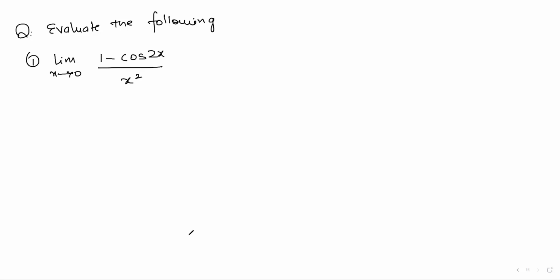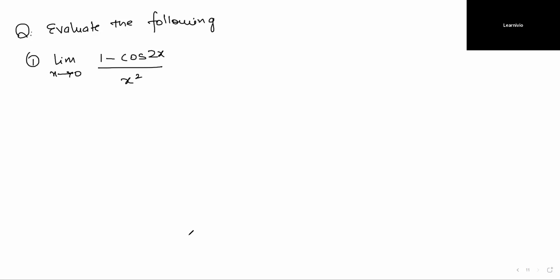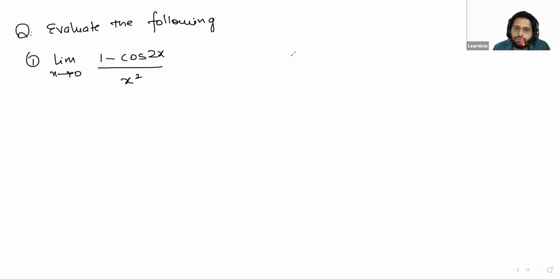Please try this question. Do you remember the trigonometric formulas of 1 minus cos 2x and 1 plus cos 2x? This is 2 sin square x, and this is 2 cos square x.